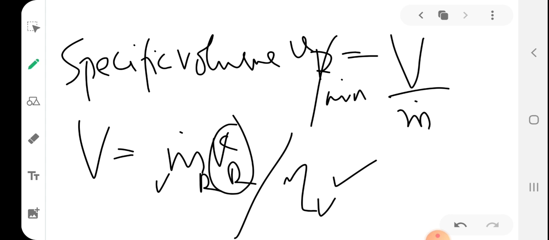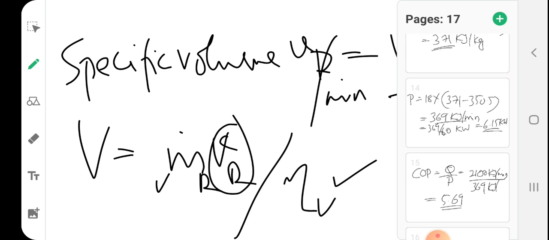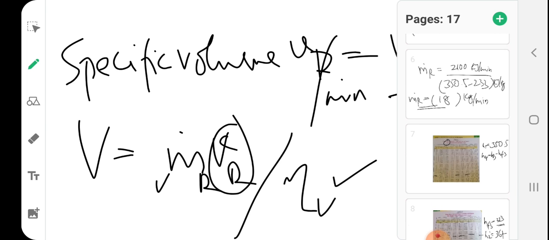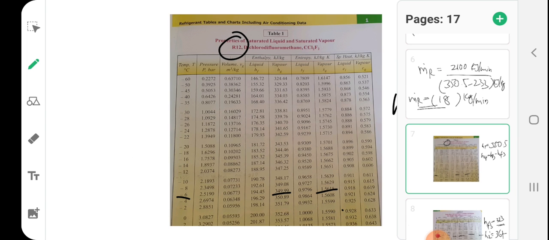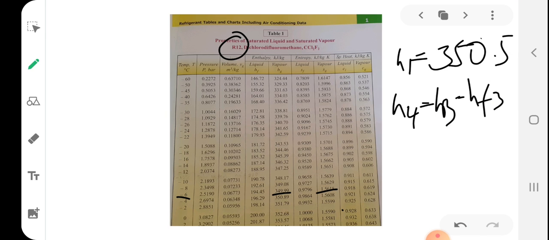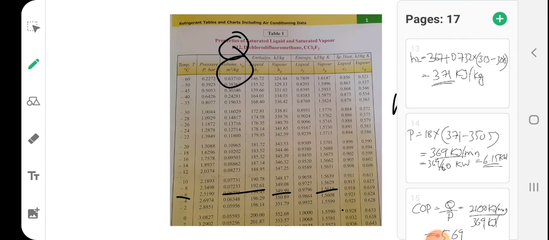So how to find the specific volume? Specific volume will be obtained from the refrigerant table. This is at the inlet of the compressor, it is -5 degrees Celsius. So here it is there. So it will be almost 0.065.